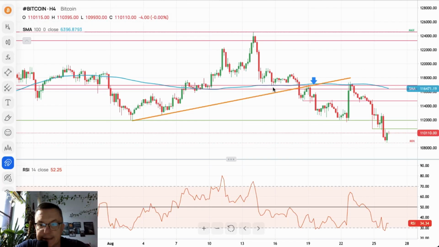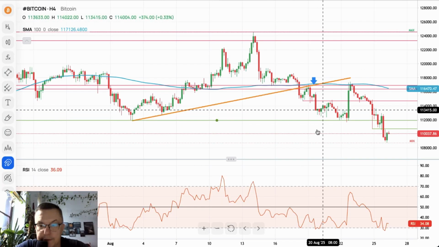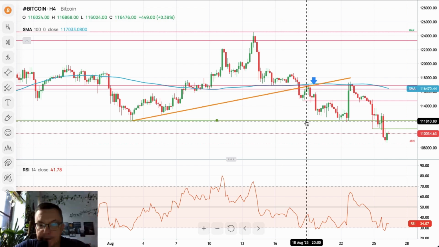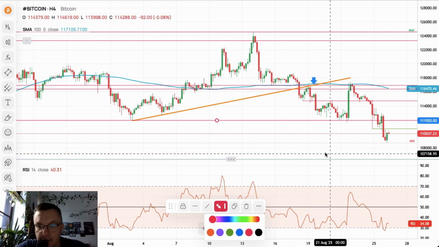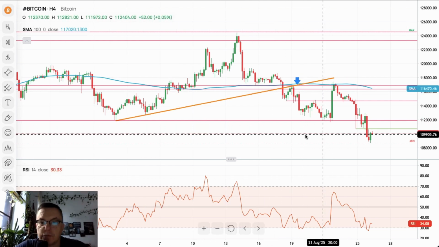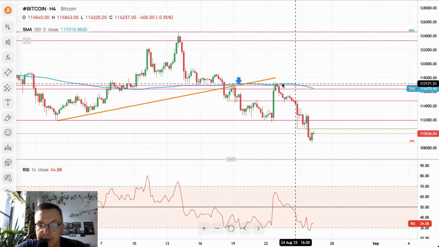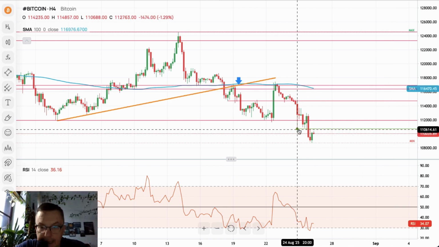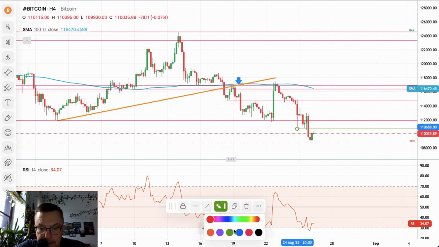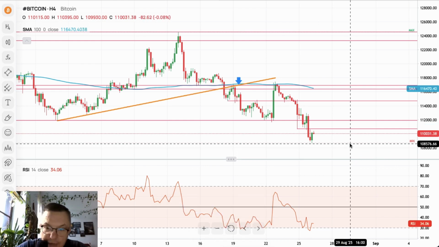And last but not least, let's take a look at Bitcoin, and Bitcoin deteriorating lower than expected previously. We are back below the 111,920 technical resistance. So right now we got the major level here, roughly around 117,000, and we're adding this technical resistance level here, 110,035.